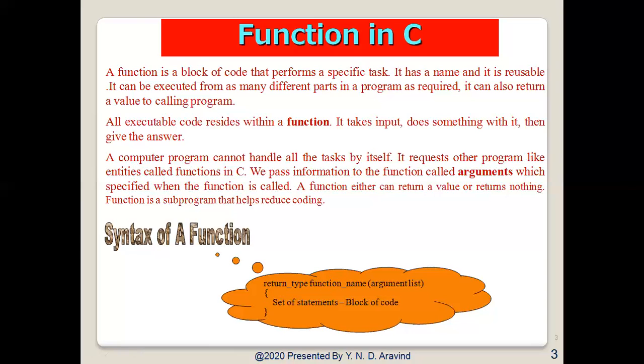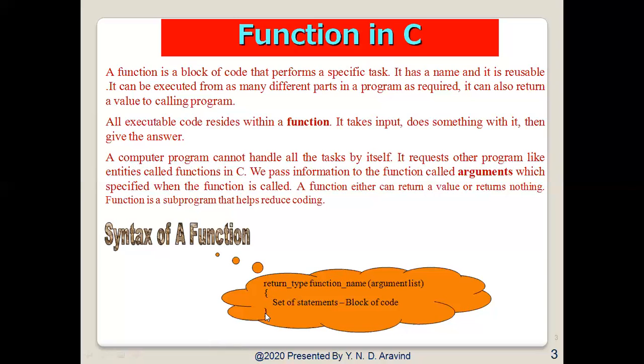The first line, which heads the function, is known as the function header, and this function header should not end with a semicolon. Here we should not write a semicolon. The function body following the function header is always enclosed in curly brackets.